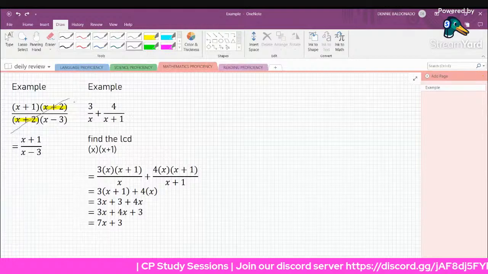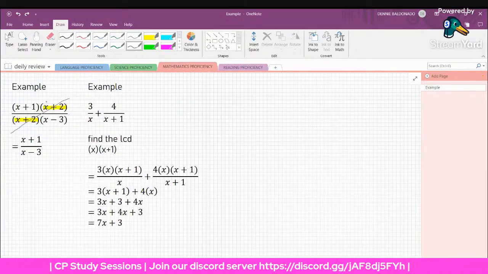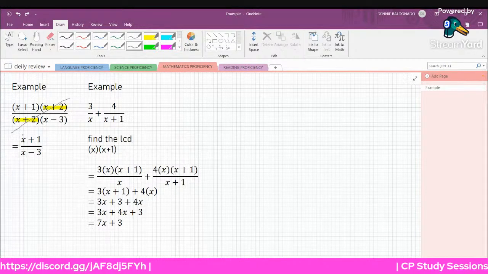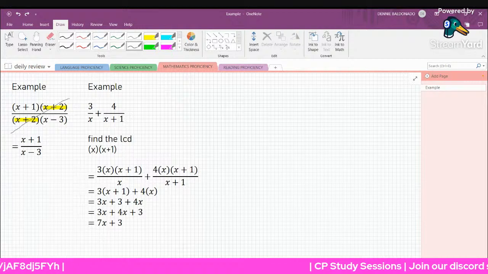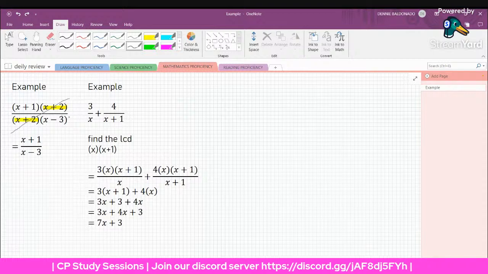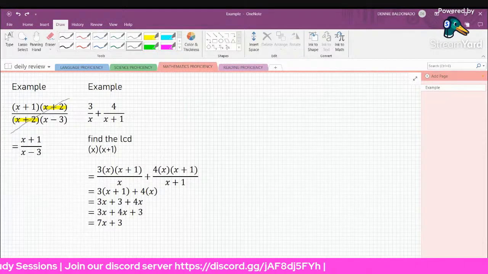So, katulad ng sabi ko kanina, kapag may nakita kayo na similar expression sa numerator and sa denominator, cancel that out. Combine nyo yung like terms sa numerator kung meron pang pwede i-combine, and the same sa denominator, simplify kung meron pa.